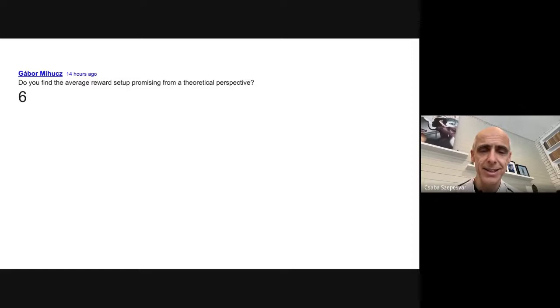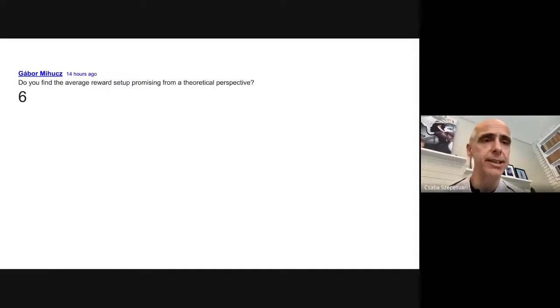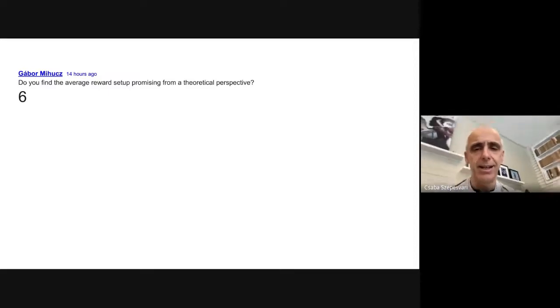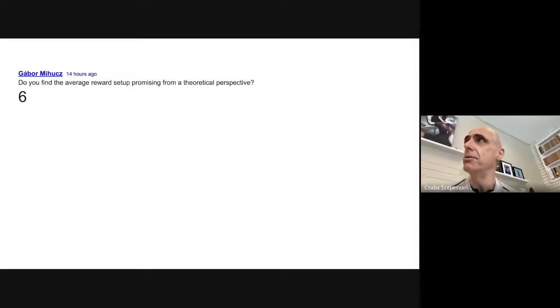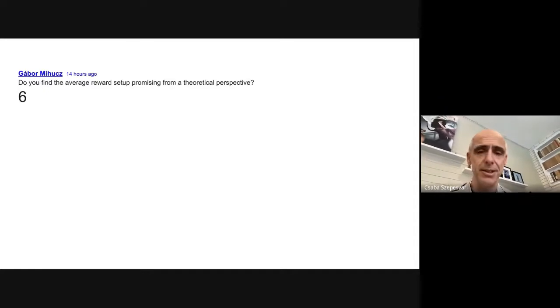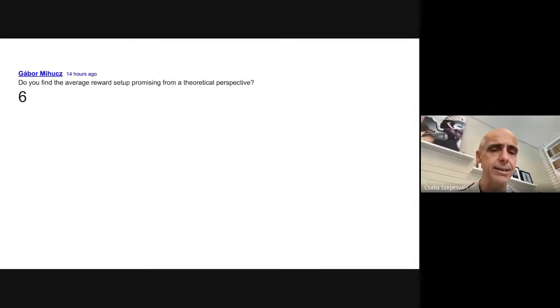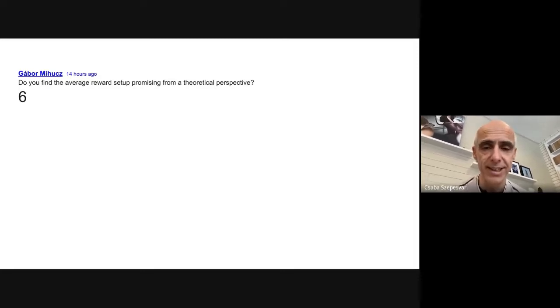If you're working on the average reward setting, then somehow you would need to answer the question of why this is not going to happen. If you only prove that your policy has a near optimal average reward, maybe it's going to do this weird thing.